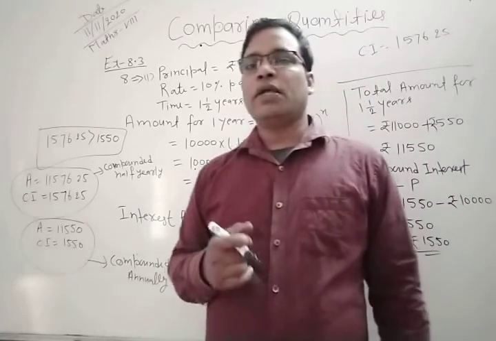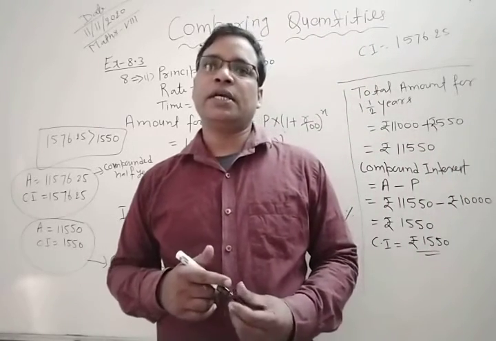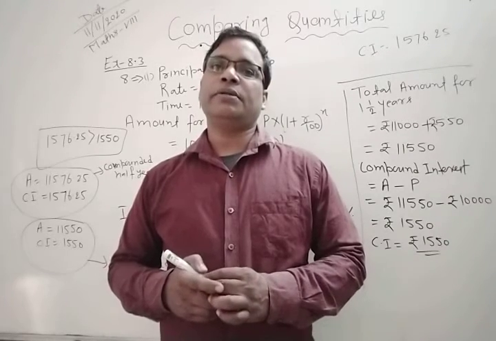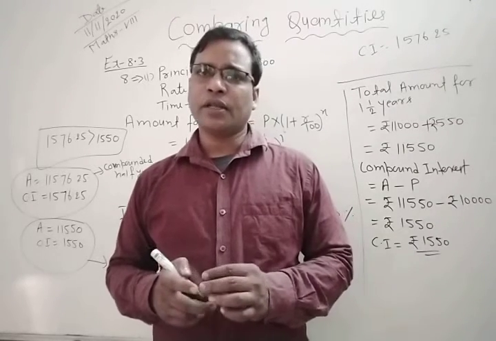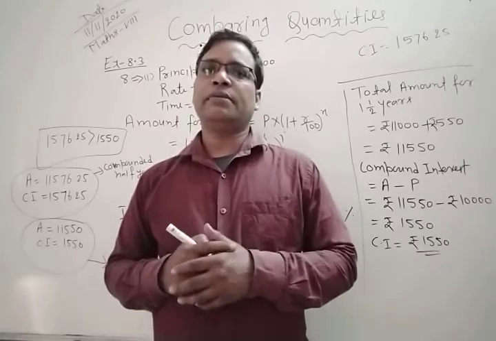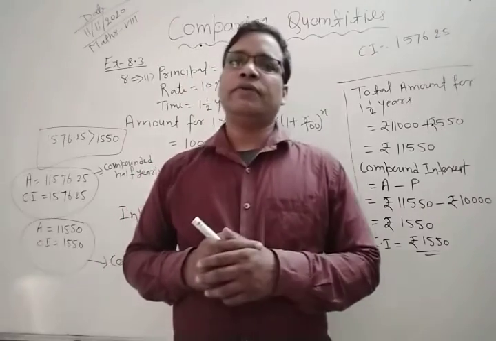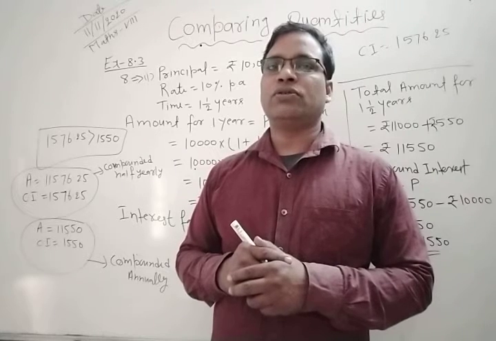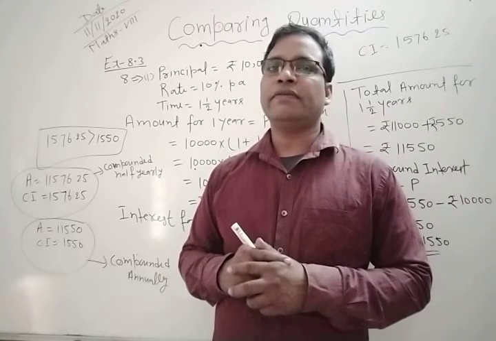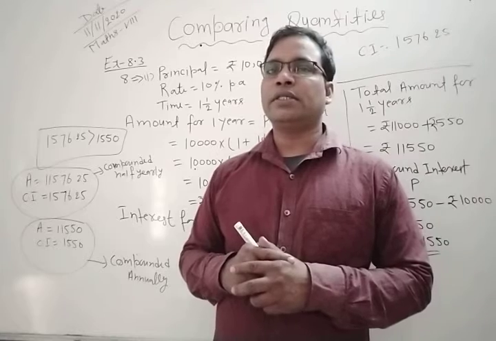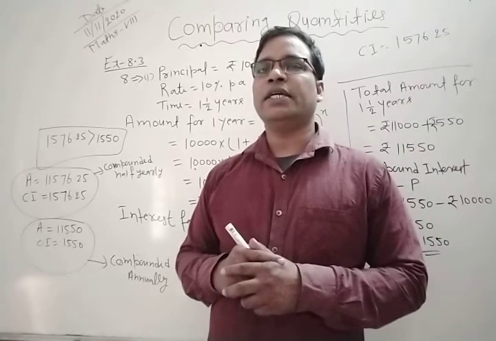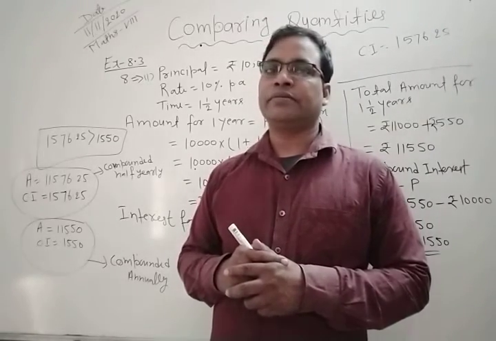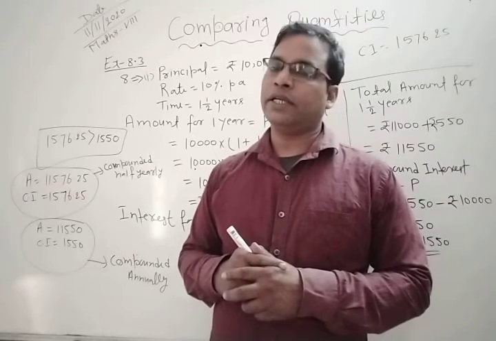Now we are going to discuss the next question. Next question is question number 9. Find the amount which Ram will get on 4,096 rupees if he gave it for 18 months at 12.5 percent per annum, interest being compounded half yearly.